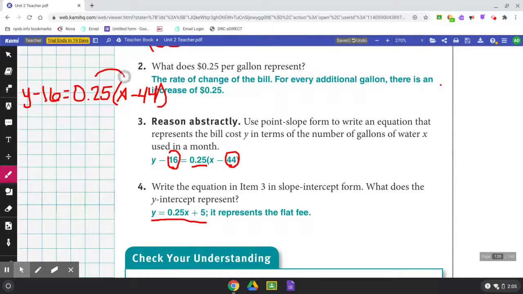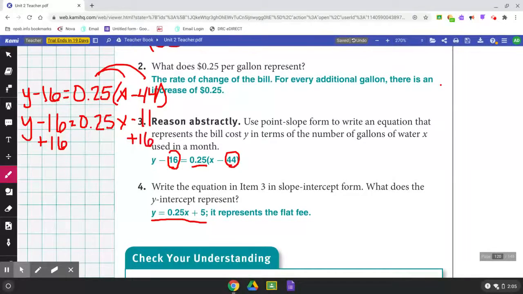So I'm going to have to distribute. y minus 16 equals 0.25x. And then what is 0.25 times 44? Well, that's going to be 11. Minus 11. Now I need to add 16 to both sides because my ultimate goal here is to get y by itself, to isolate y.